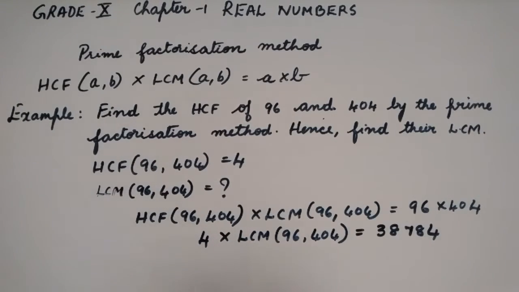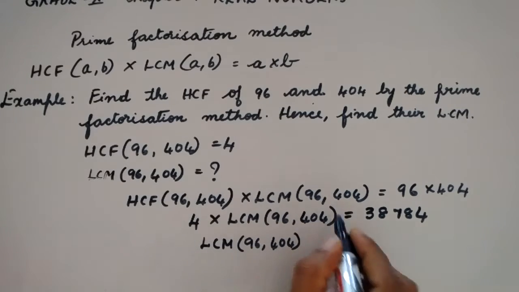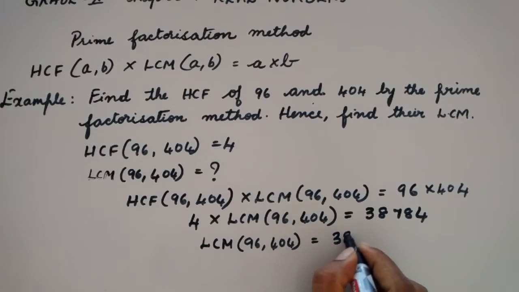And then what we need to do next, let us write LCM of 96 and 404, which is equal to 38784 divided by 4.